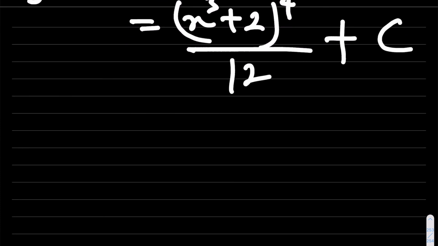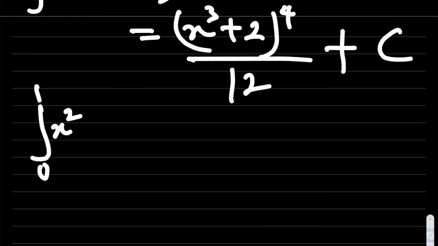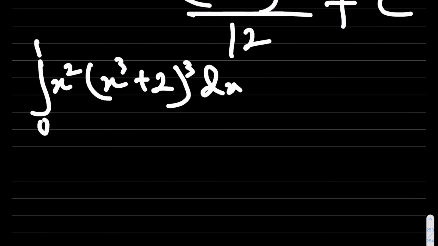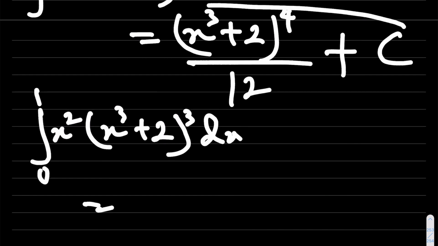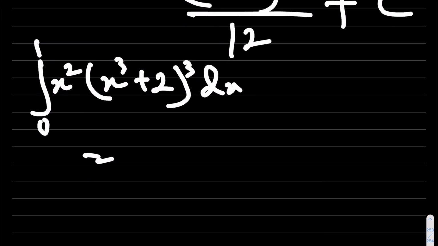So that therefore means the integral with limits 0 to 1 of x squared into brackets x cubed plus 2 raised to power 3 with respect to x is the same as this. I don't need the constant c when I'm evaluating the definite integral.